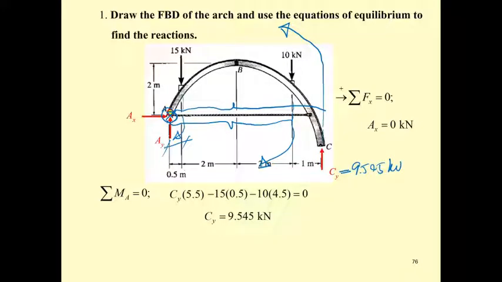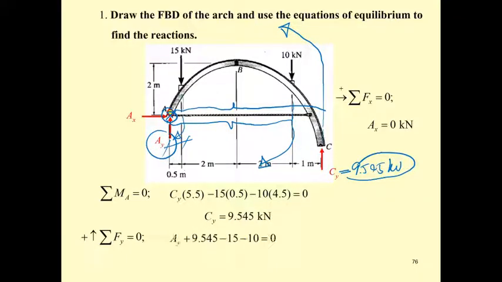And then we do the summation of F sub y equal to 0, so we determine A sub y. The A sub y plus this one, minus 15 and 10, and then we get A sub y of 15.45.